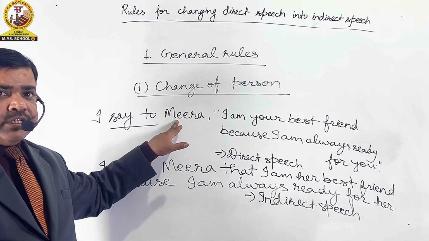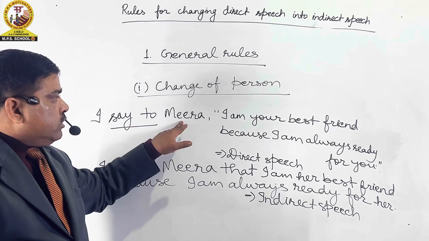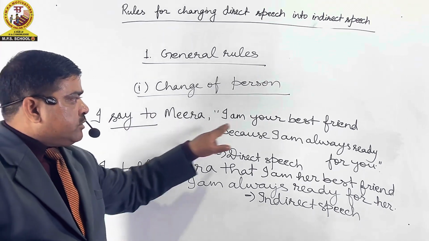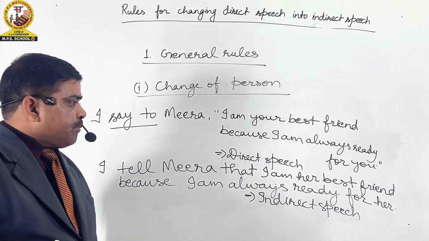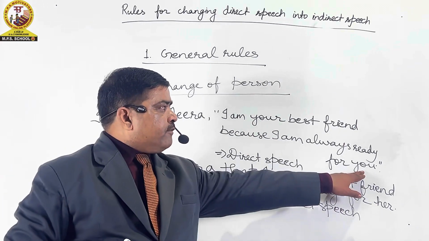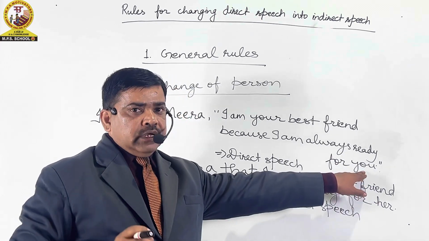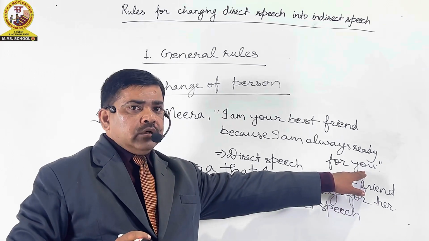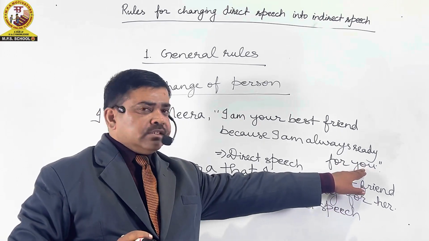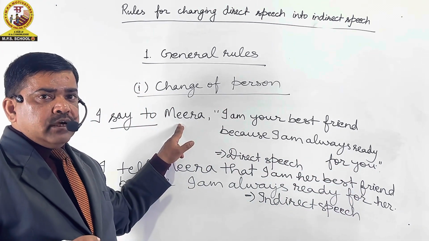Meera is the object of the reporting verb say, and according to this object we have changed your into her. Here in place of you, her is used because you is also the second person, and according to the rule we have to change the second person according to the object of the reporting verb.